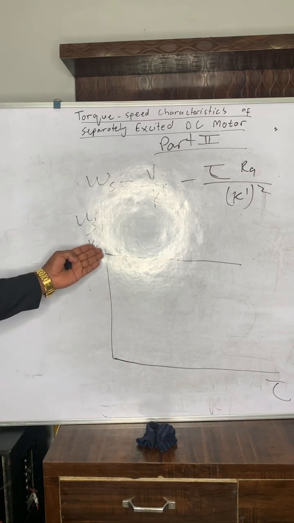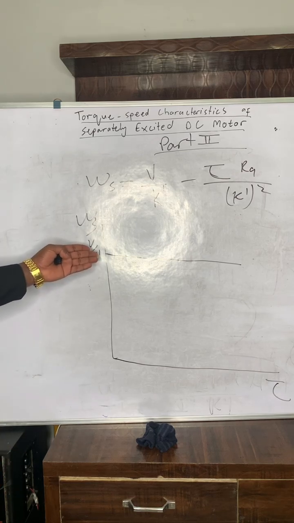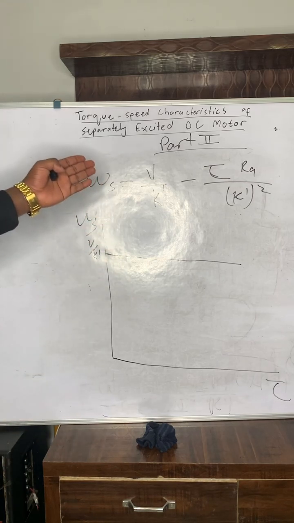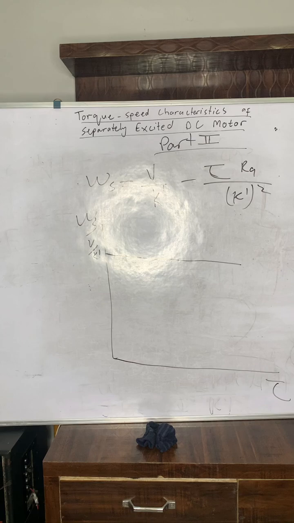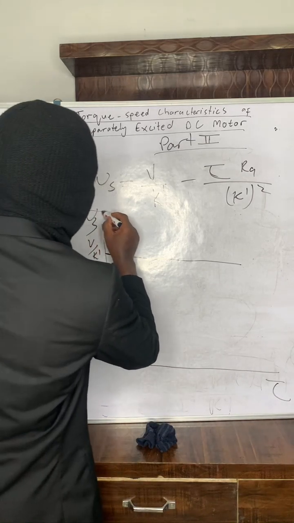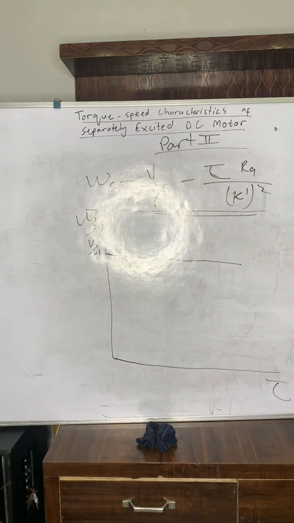Obviously, when our torque is equal to 0, we will have this speed. So this is the torque speed characteristics of a separately excited DC motor, being derived from this equation. I thank you.